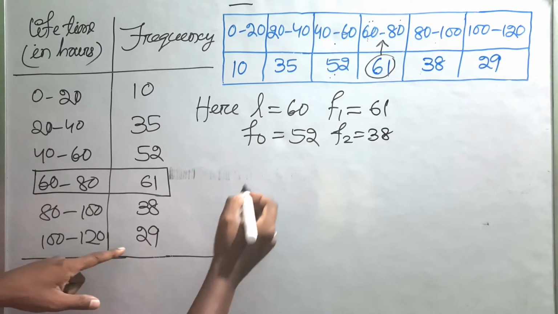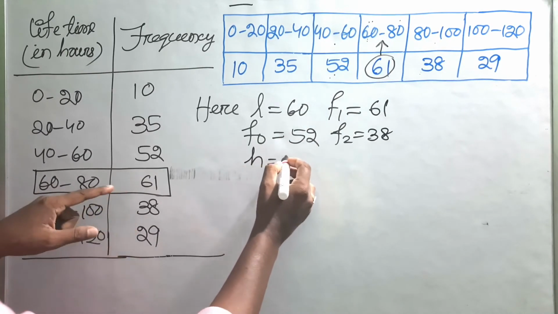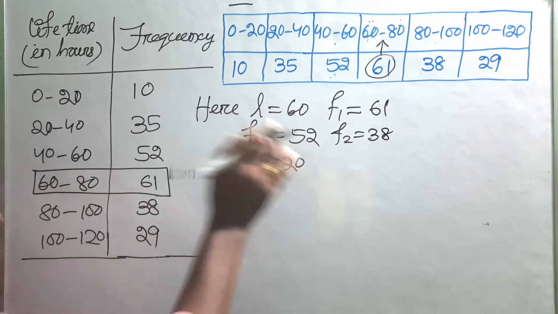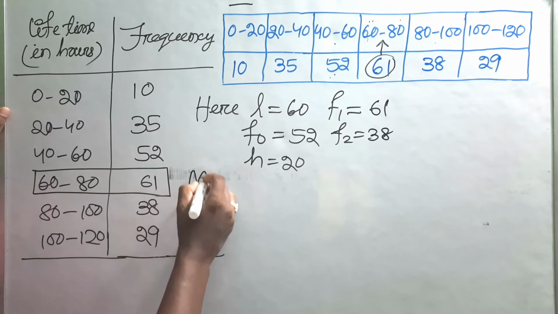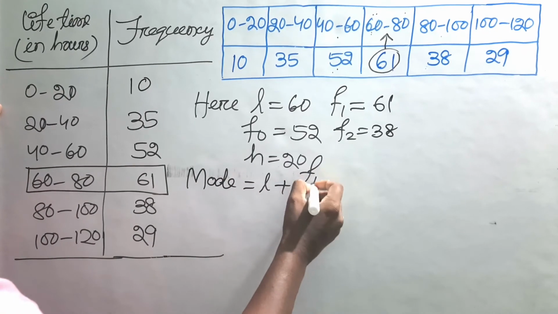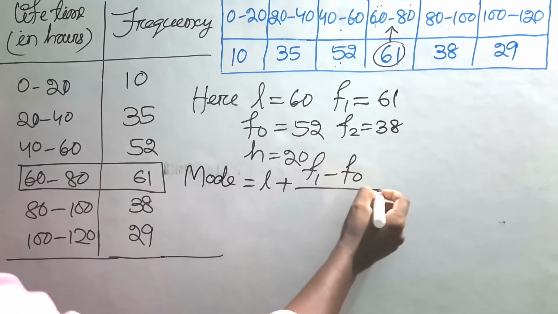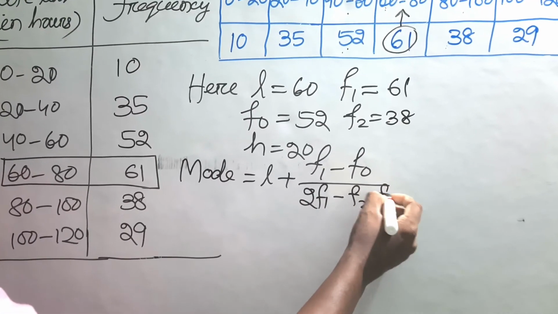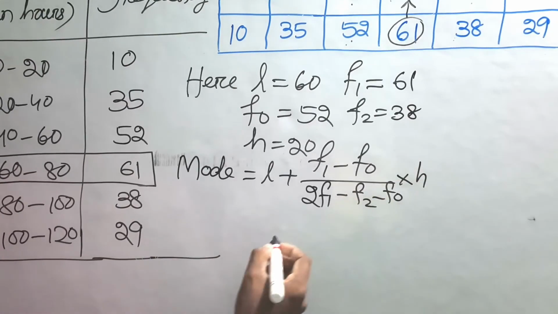Then H is 20, since for 60 to 80 the difference is 20. Now write down the formula: Mode is equal to L plus (F1 minus F0) divided by (2F1 minus F2 minus F0), into H.